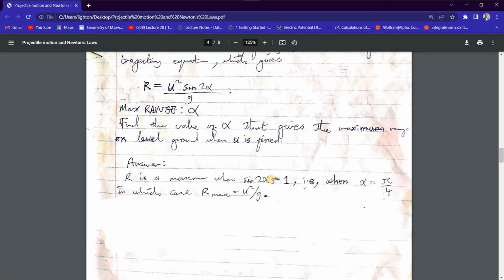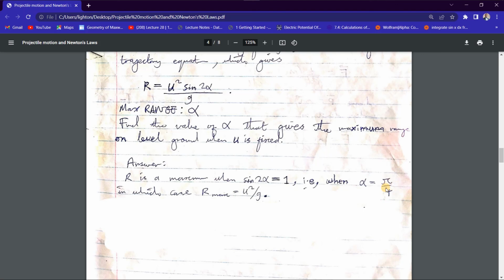Why are we saying this? Because the maximum value that sine 2 alpha can have is 1. That's the maximum it can ever have. When you solve for alpha in this equation, you find that alpha will just be pi over 4, which is 45 degrees.